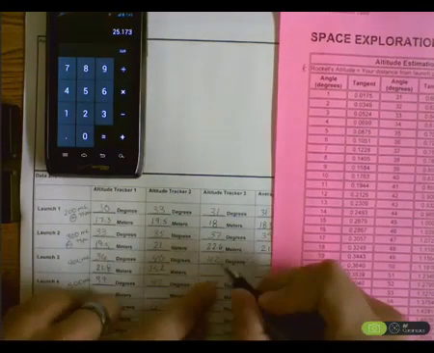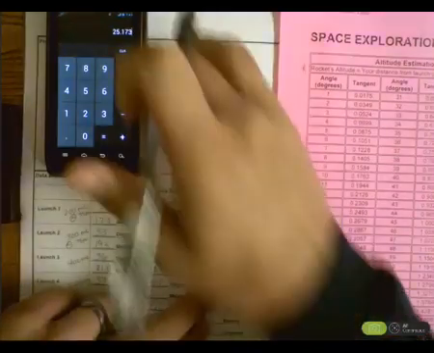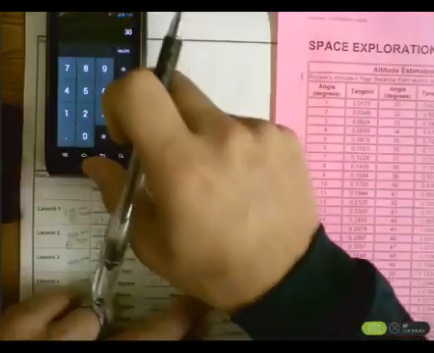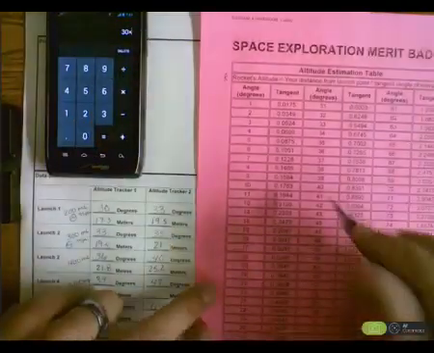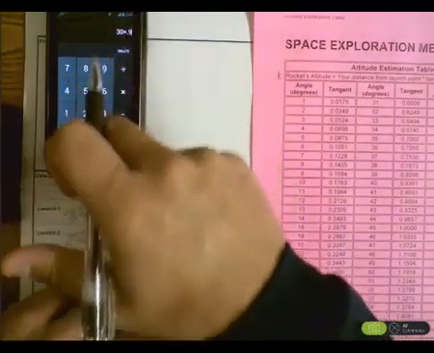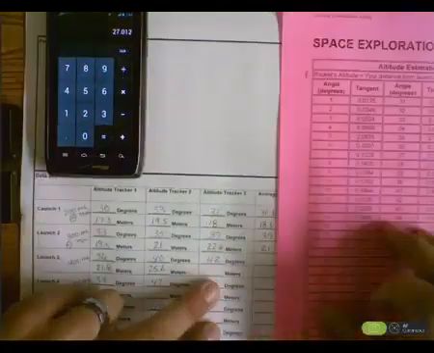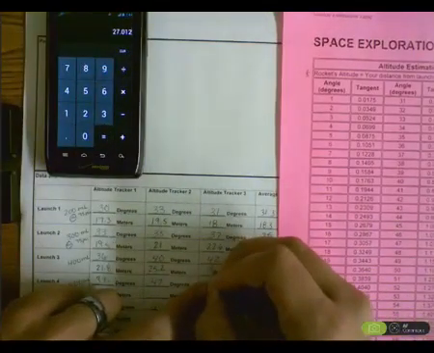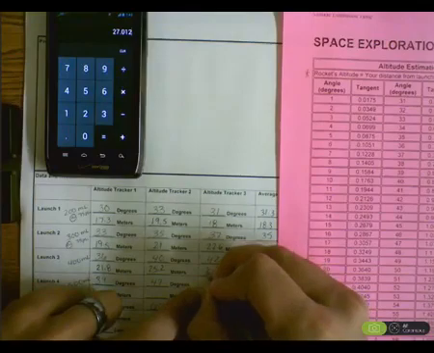And then 42 degrees, so it's 30 times, go in my chart, 42 is 0.9004. Equals 27.012, that's just 27.